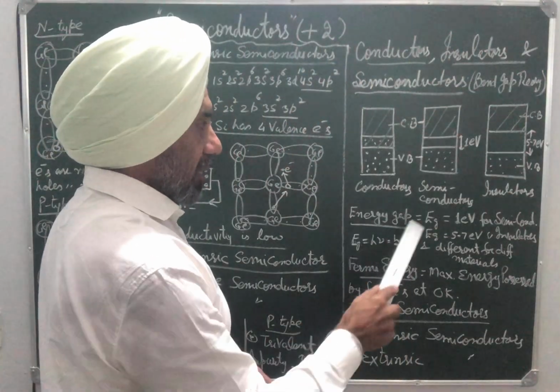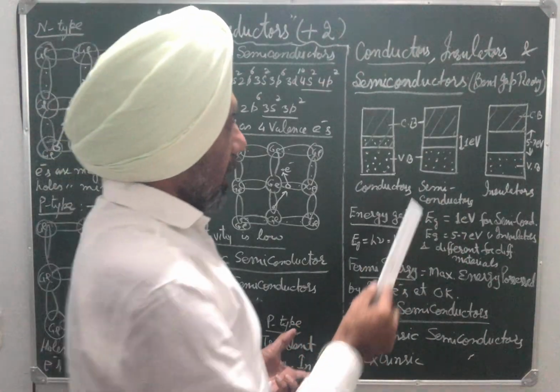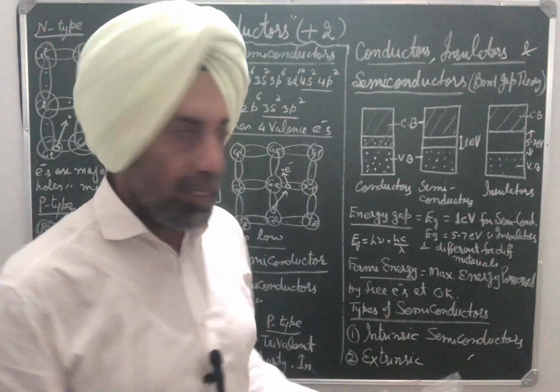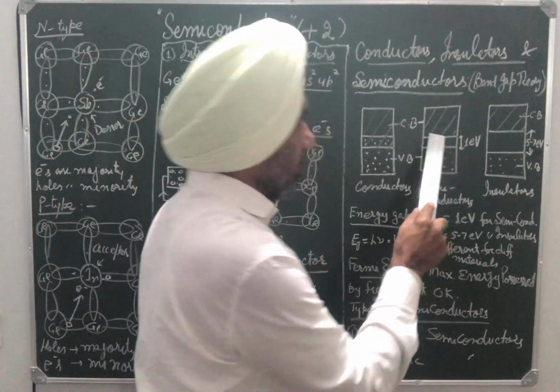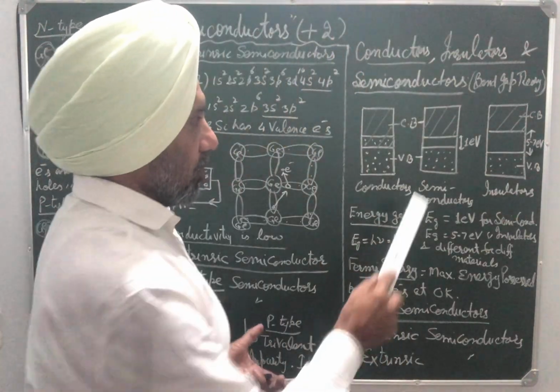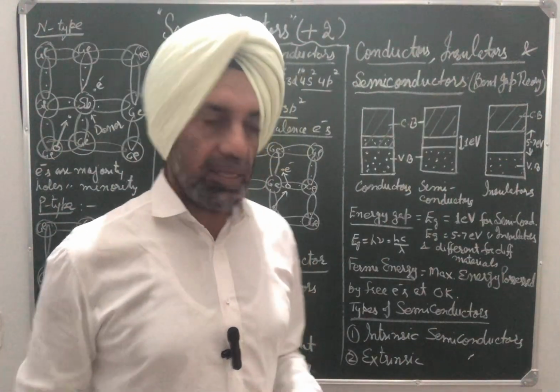So what is energy gap? The amount of energy required to be given to an electron in the valence band so that it reaches the conduction band, that is, it becomes free for conduction, is known as energy gap.